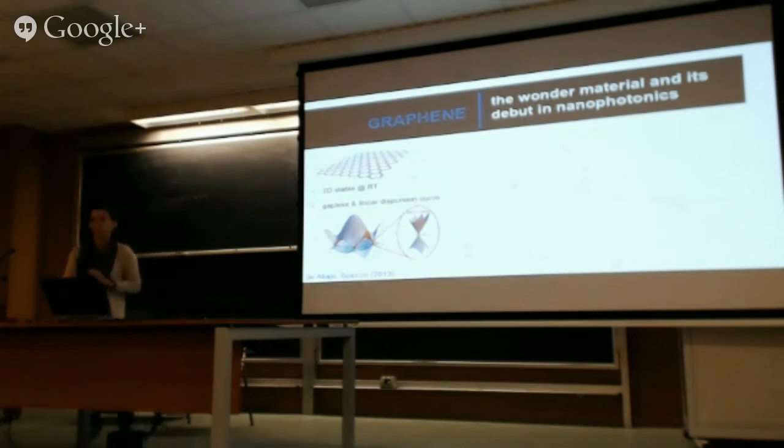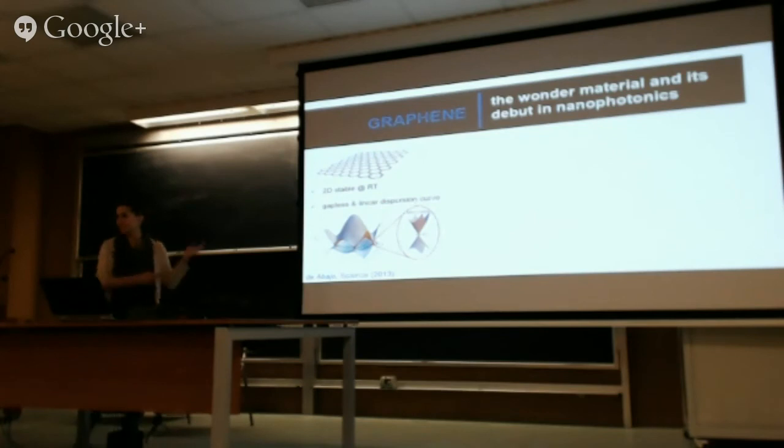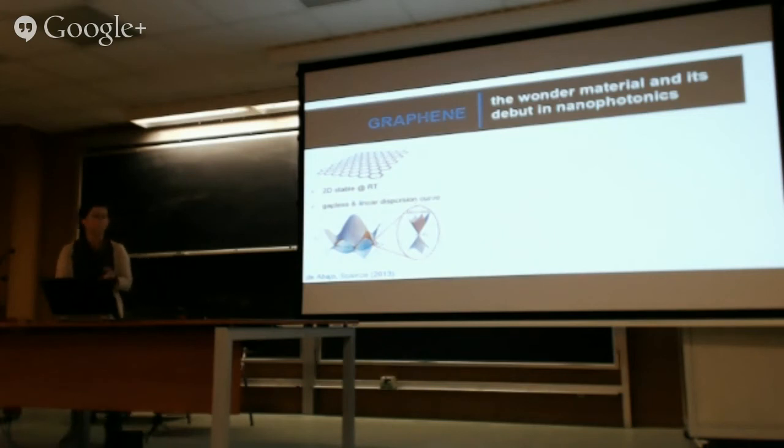Concerning graphene, I think we introduced graphene in the first presentation. Maybe you know it, it is the first 2D material stable at room temperature. It is pretty recent, but still it's really emerging and gaining a lot of attention because it's really particular.